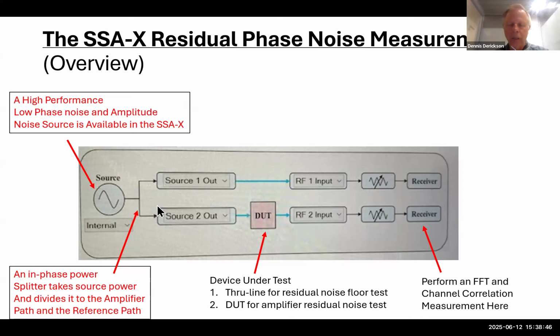And so we're able to pick out the characteristics of the residual phase noise of this amplifier separate from the noise source and the channel 1 noise and the channel 2 noise. There are some other application notes that go into more detail, but I just want to show that the correlation receiver is the key thing that makes this all possible.